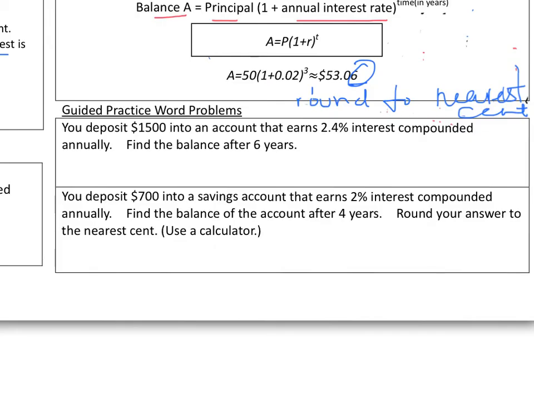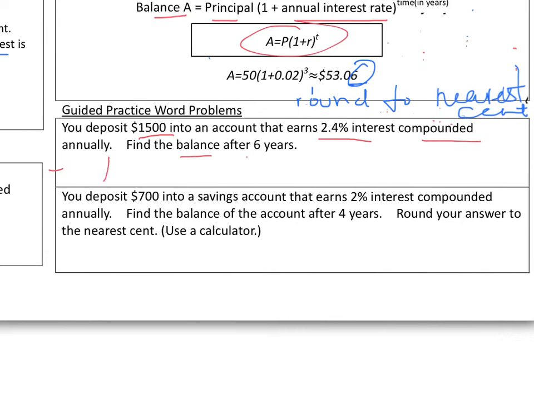You deposit $1,500 into an account that earns 2.4% interest compounded annually. Find the balance after 6 years. So this is simply plug and chug. Use the formula. A equals P times 1 plus R to the T power. So it would be useful to memorize the formula.